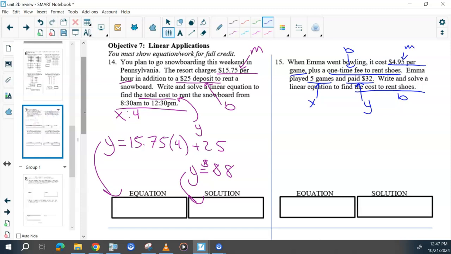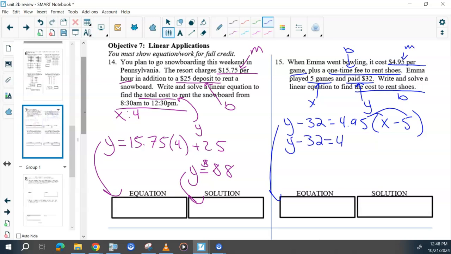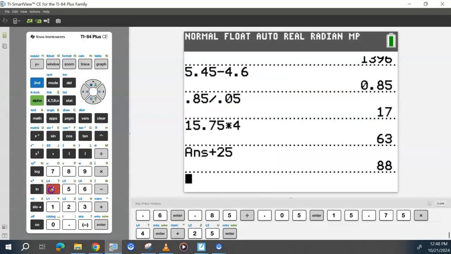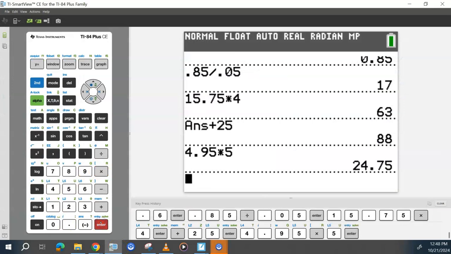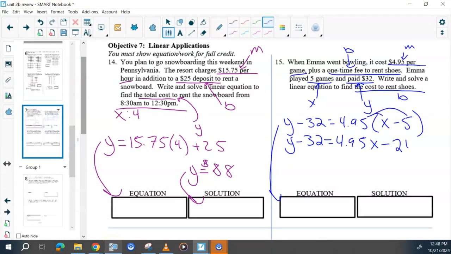So we need our point slope to solve that. So y minus 32 equals our 4.95 times x minus 5. That would be our equation. And then to solve, distribute the 4.95. Add 32.